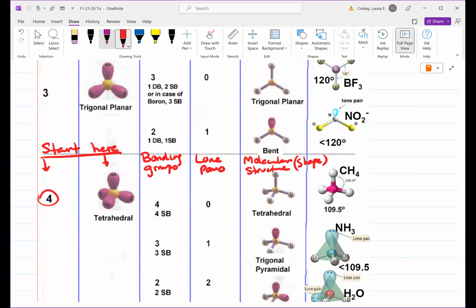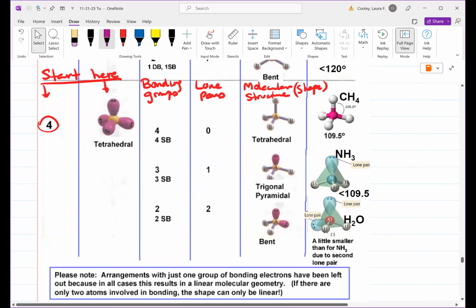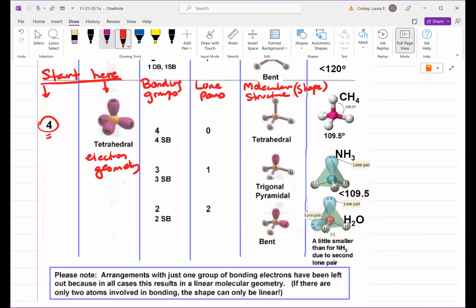Okay, so when you have a tetrahedral electron geometry, which you have with 4 groups of electrons, you can have a tetrahedral shape where you have an atom at the end of each of those electron groups.